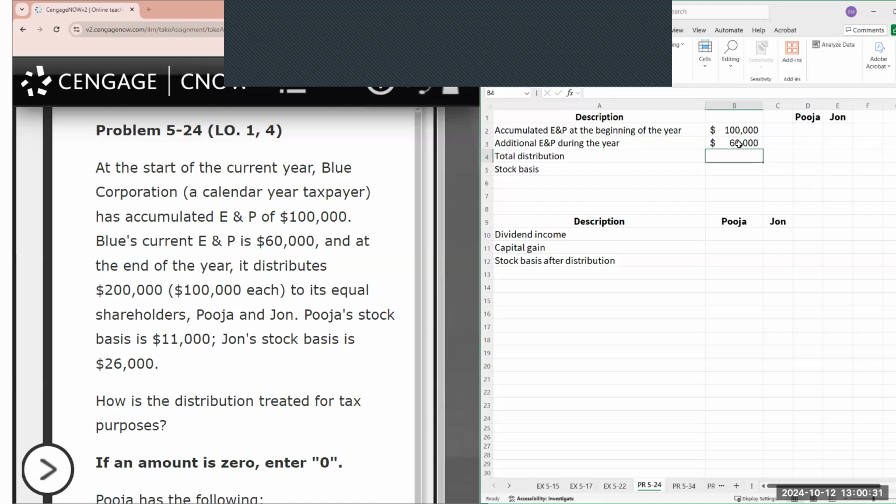And then from there, it lets us know that it distributes $200,000, $100,000 each to its equal shareholders, Pooja and John.